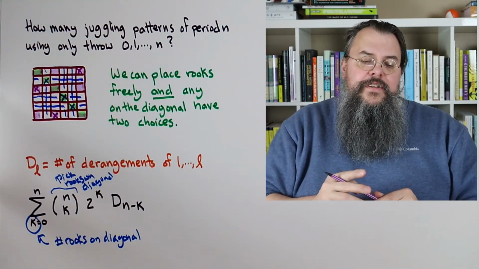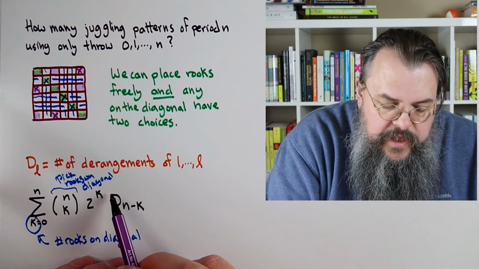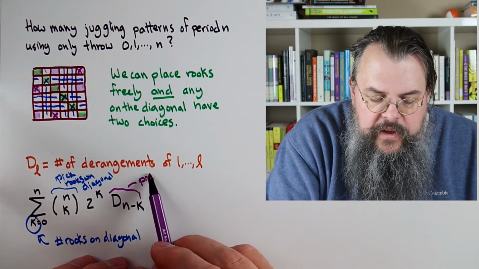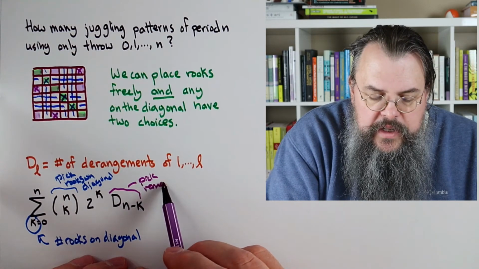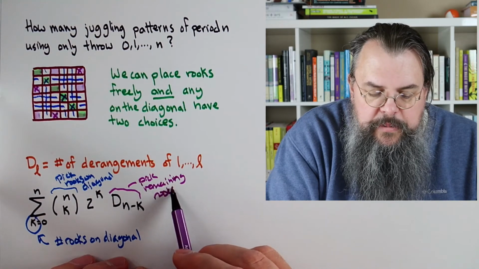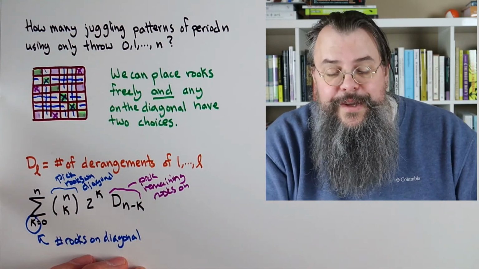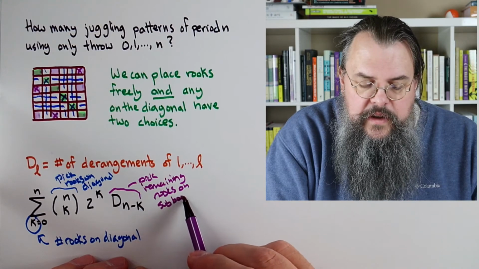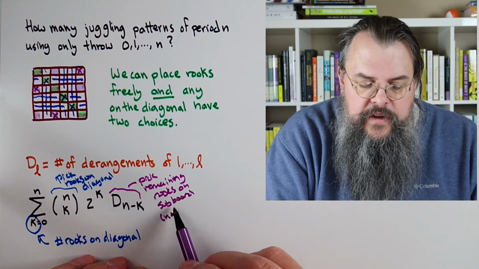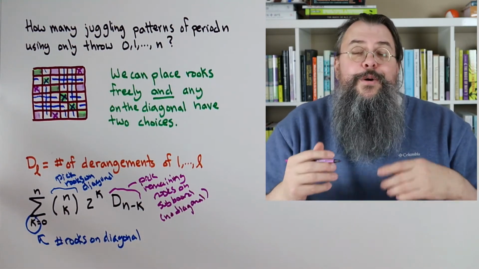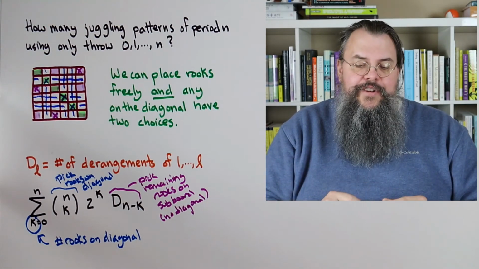So this d sub n minus k says, pick the remaining rooks on the subboard. But remember that none of these go on the diagonal. Now the last thing you might ask is, what about that 2 to the k term?